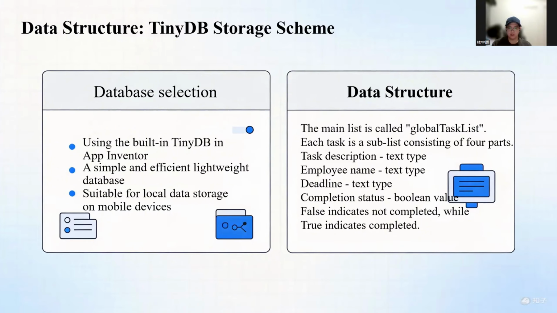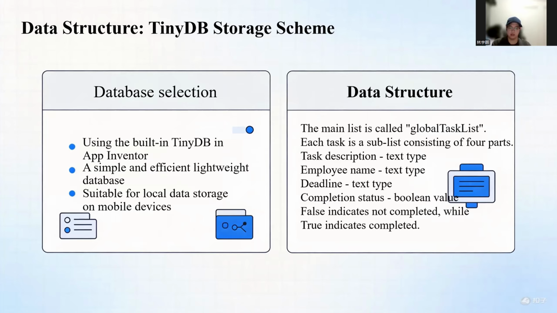Now let me explain how I store the data. I use TinyDB, which is a simple database in the app inventor. My data structure is a list of lists. The main list is called global task list.